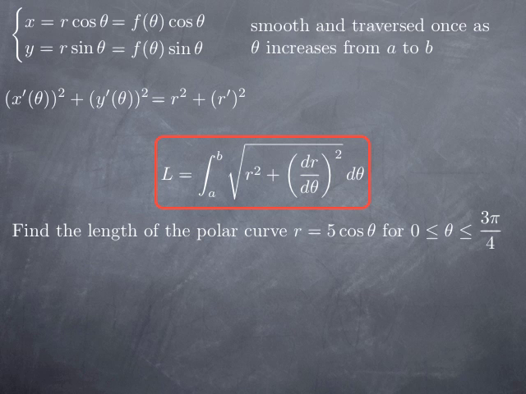We want to find the length of the polar curve given by r equal 5 cosine theta for theta between 0 and 3 pi over 4.